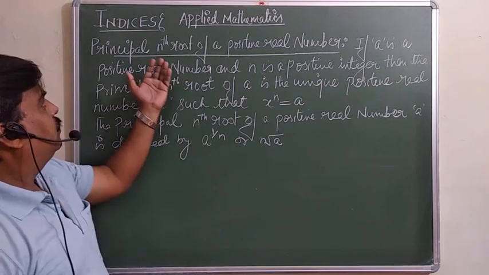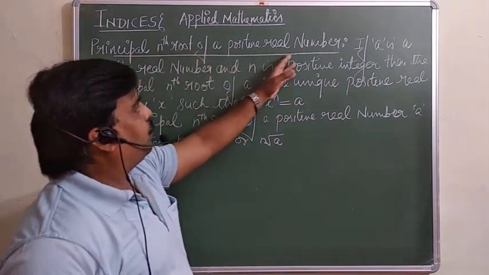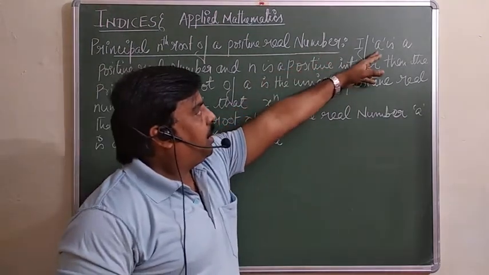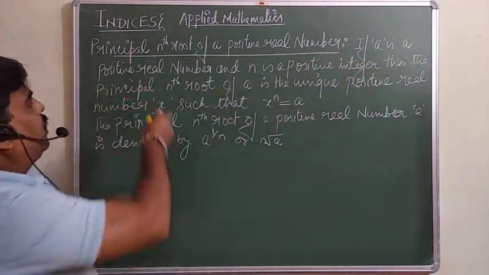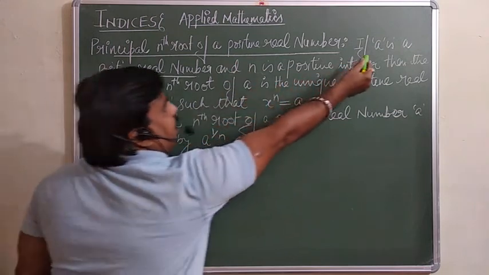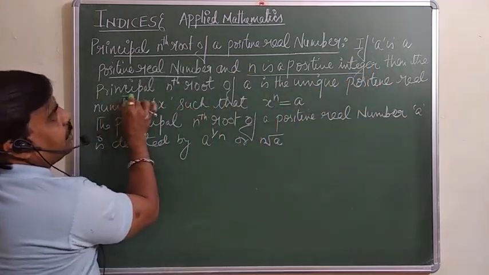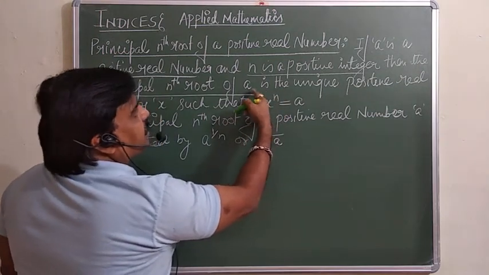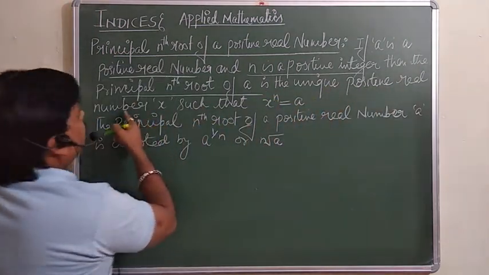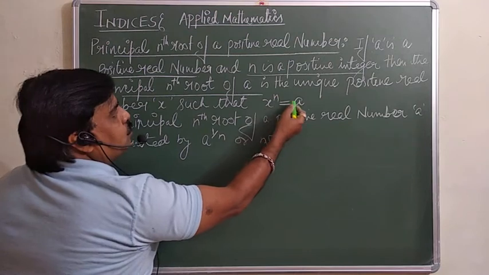Yes, now the principal nth root of a positive real number. If a is any positive real number and n is a positive integer, then the principal nth root of a is the unique positive real number x such that x raised to n is equal to a.